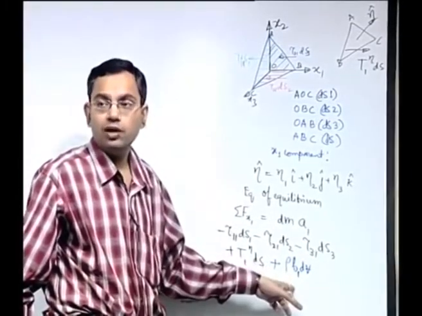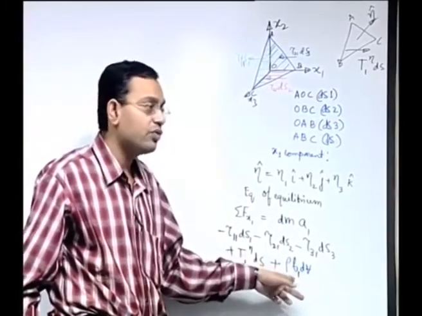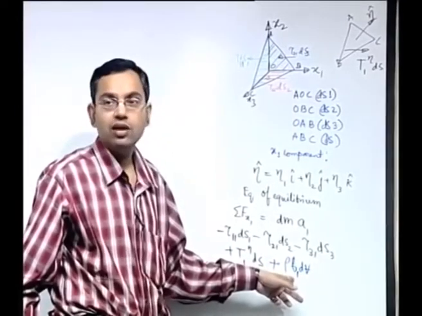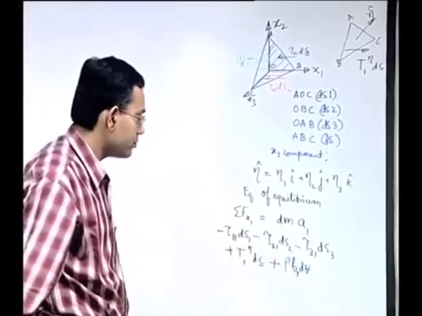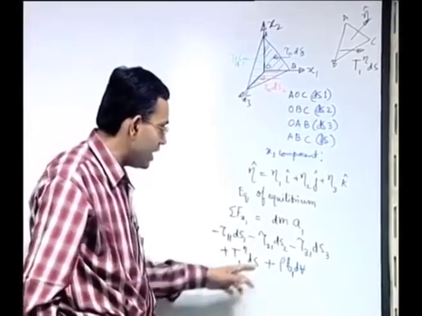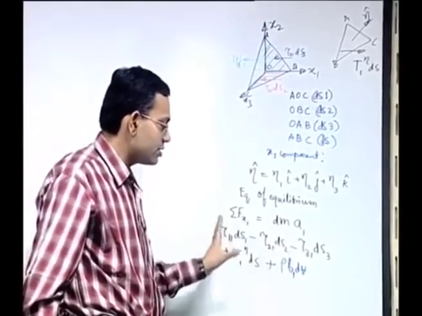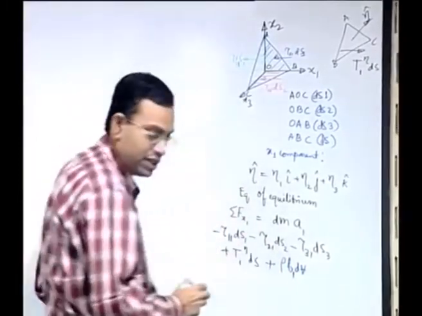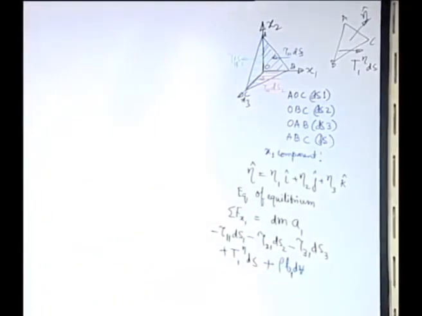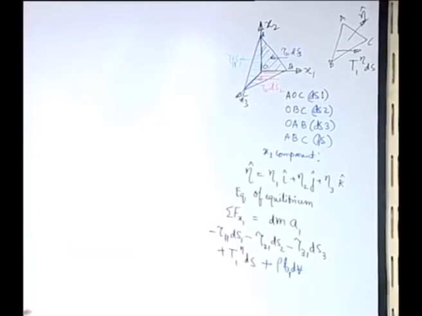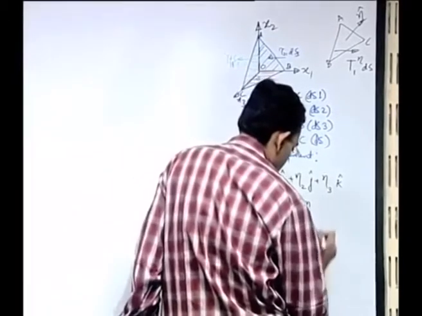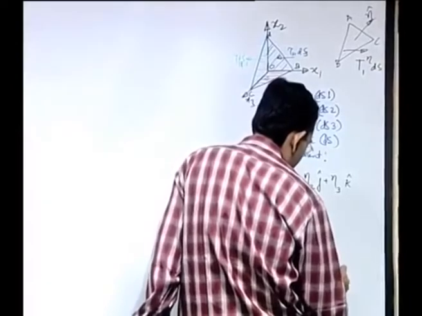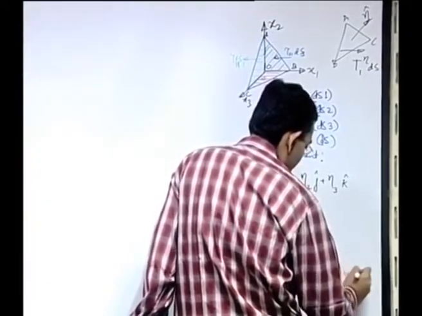So, rho B1, B1 is the body force per unit mass along the x1 direction. We will be able to write this in terms of several other quantities, but let us write it in this way first, is equal to dm, that is rho dV times A1.